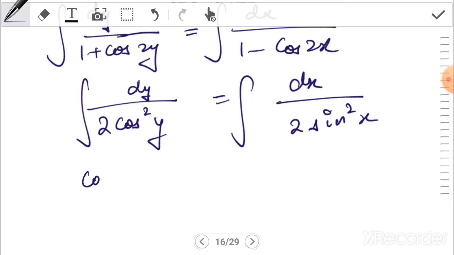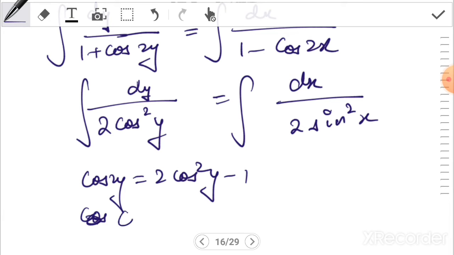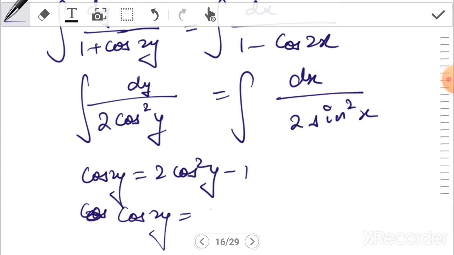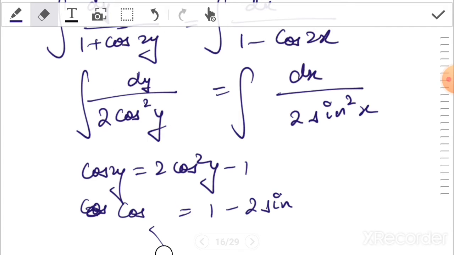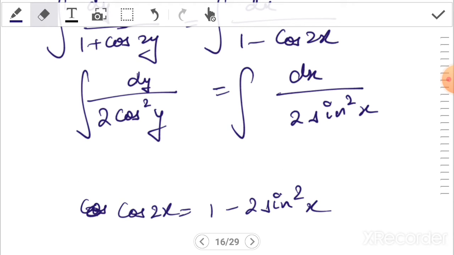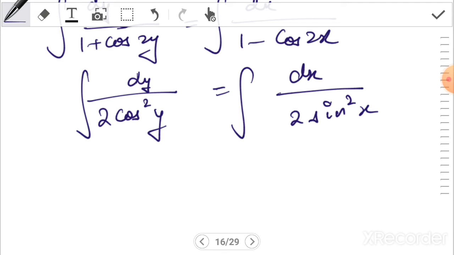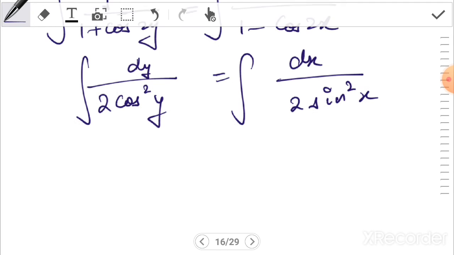Because we have cos 2y as 2 cos square y minus 1, and cos 2y is also equal to 1 minus 2 sin square y. So here this is x, we can take x. So from here we can conclude that 1 plus cos 2y is equal to 2 cos square y and 1 minus cos 2x is 2 sin square x.